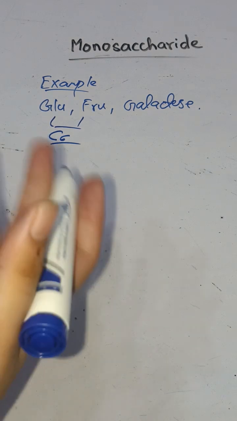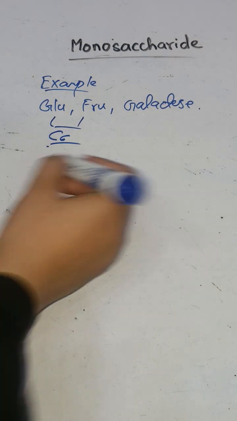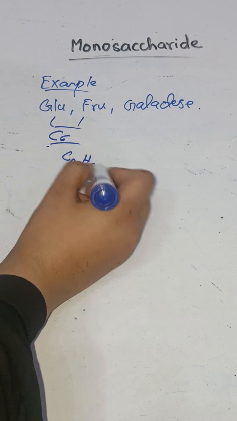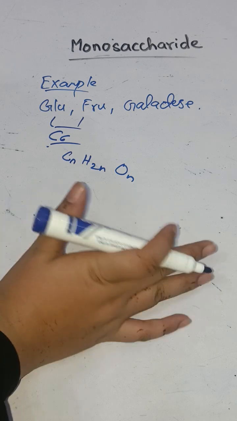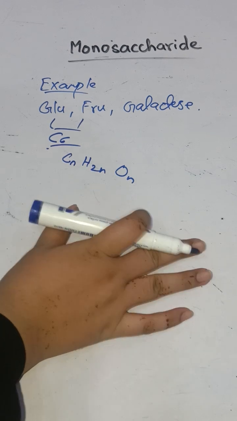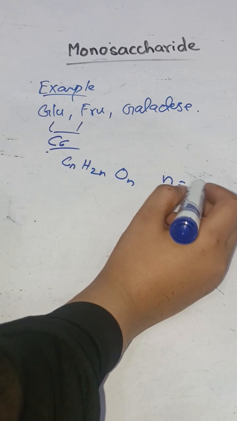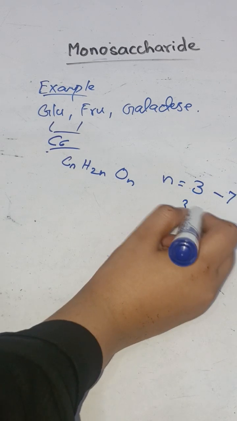We have seen the formula for carbohydrate. Now we are going to see the formula for monosaccharide. The formula for monosaccharide is CnH2nOn, which is similar to the carbohydrates, but the difference is that the n value starts from 3 to 7, or you can say 3 to 9.